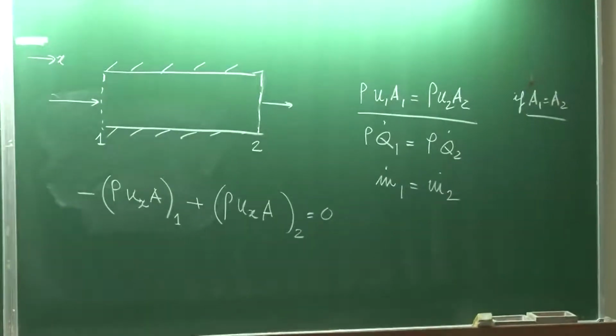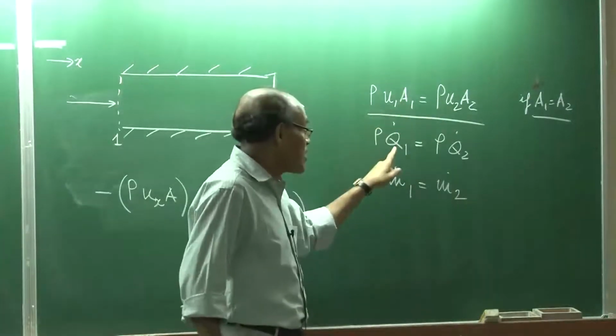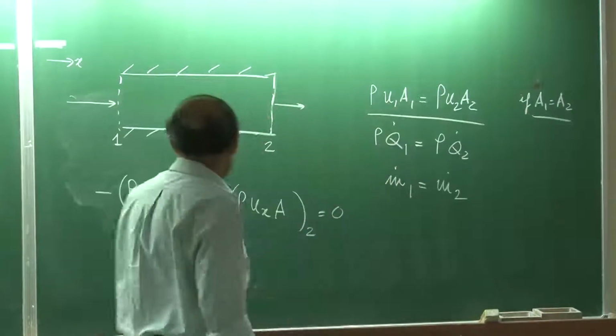Using the same logic, we have rho u1 A1 is equal to rho u2 A2. So, u1 A1 is the volumetric flow rate, and multiplied by the density, that gives us this.